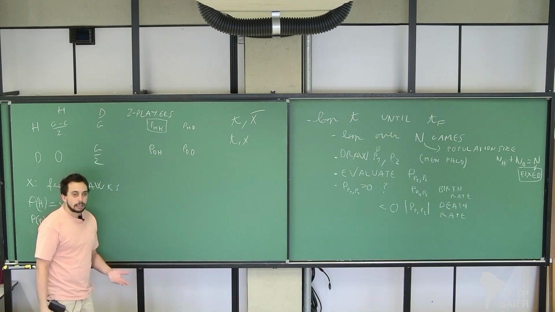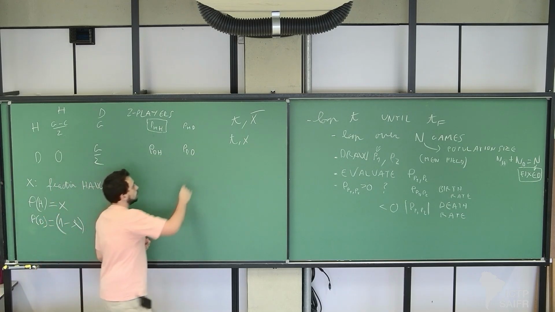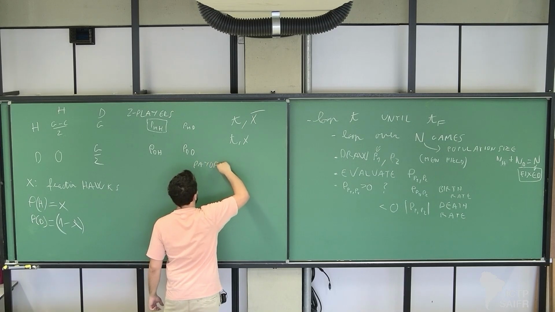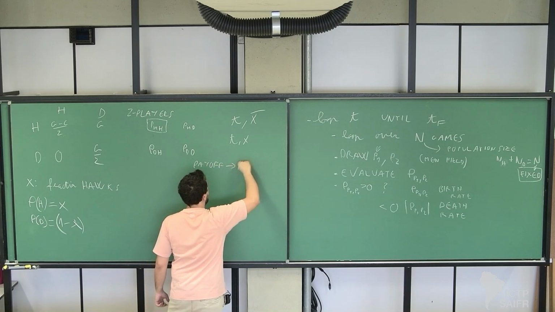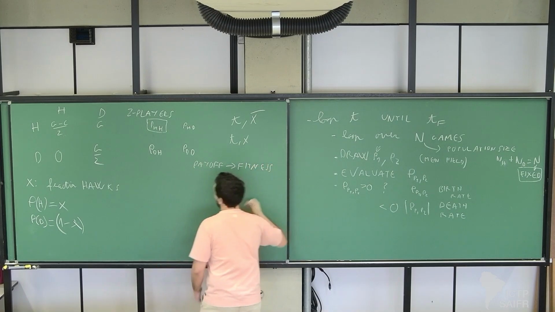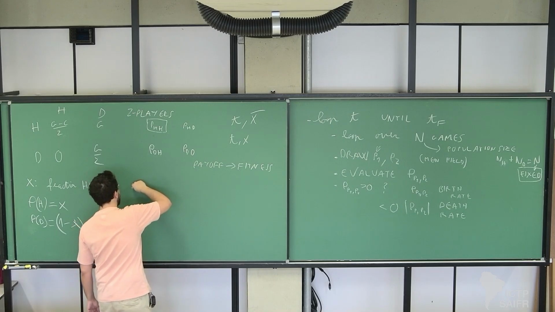Essentially, we are reinterpreting this payoff matrix as fitness, which is something we already did when we went from the payoff to the replicator equation, right?